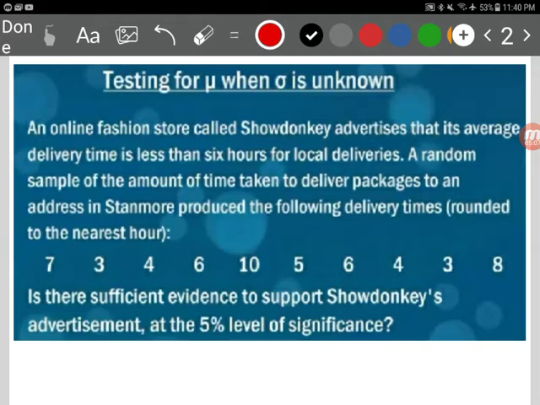We said that the random sample for the amount of time taken to deliver packages to the address has 10 different delivery times. And you have an average delivery time of less than 6, and our level of significance is 5%. So very important that you look at those 3 key points.